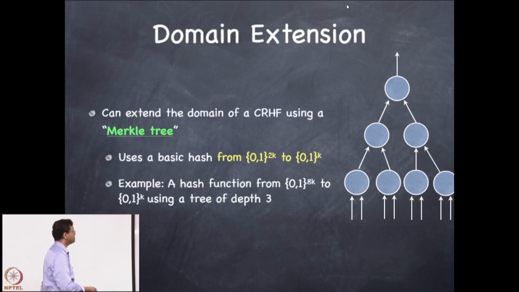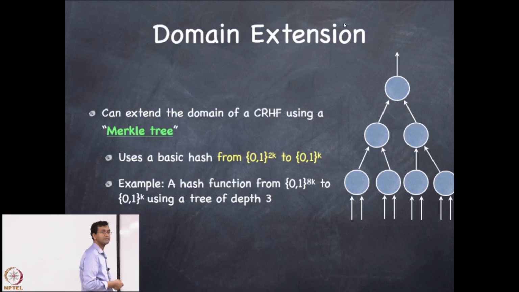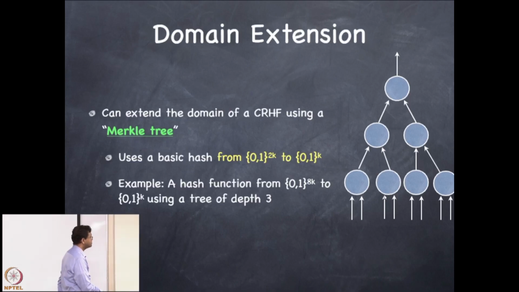Okay, so at the bottom you have 2 blocks coming into each leaf node, and then it's just a binary tree, and at the output will be a single block. Right. So this is what a Merkle tree looks like. So in this particular example, there are 8 blocks of input, and using a tree of depth 3, we can hash it into 1 block output.